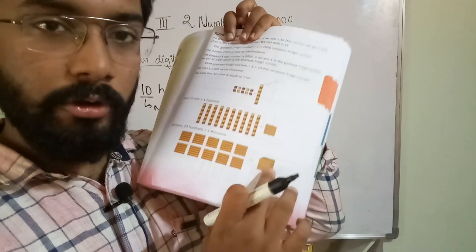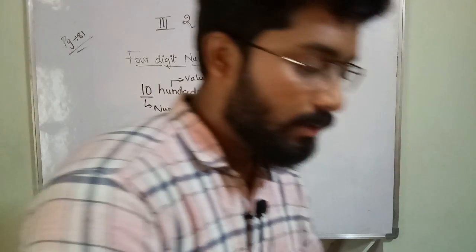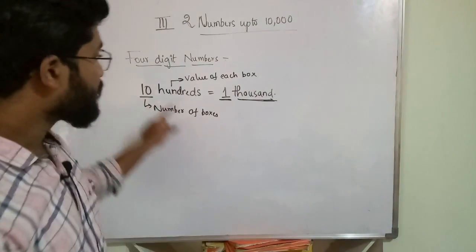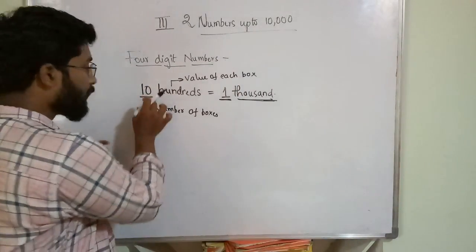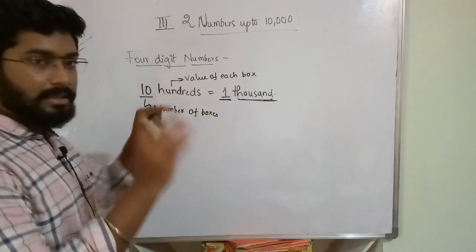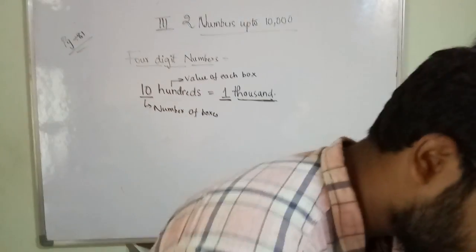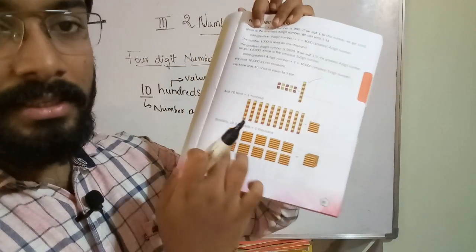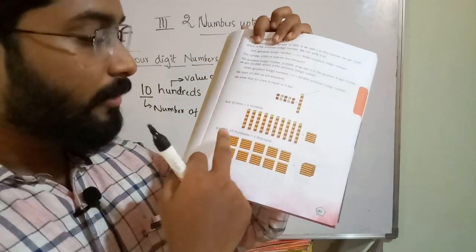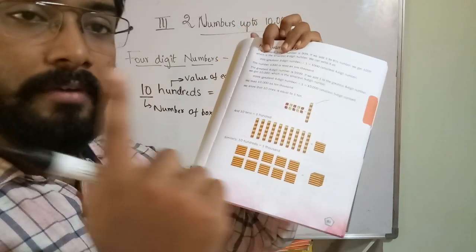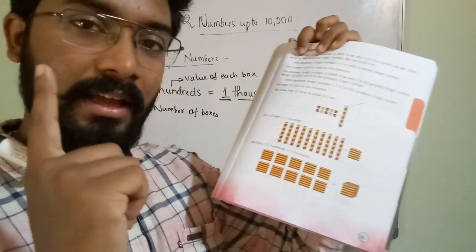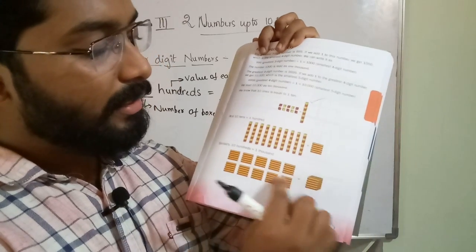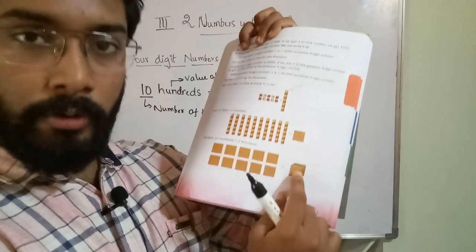So only one cube we got. After combining we got only one cube and the value of this cube is 1000. This statement is saying that if we combine 10 boxes, each having the value of 100, we will get a cube.